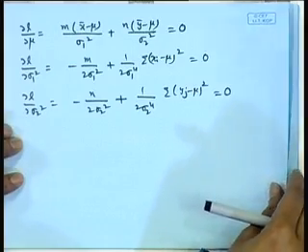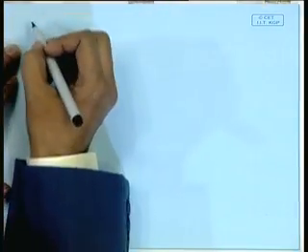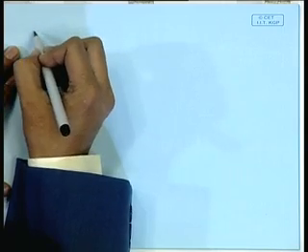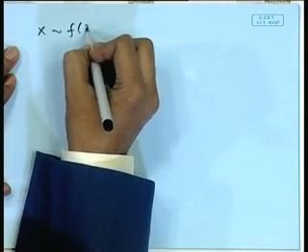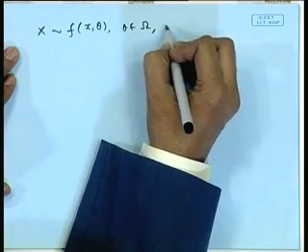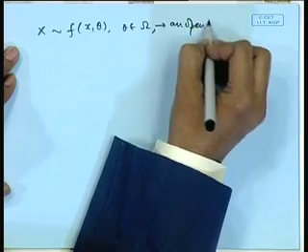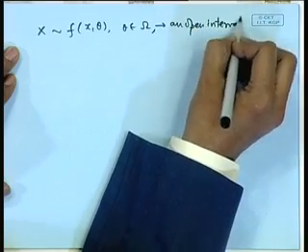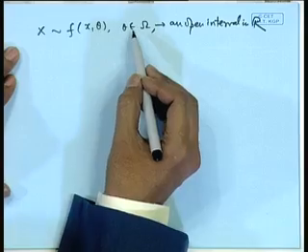The likelihood equations. So, we state in the following form. Let us have the following assumptions. So, we consider x has a distribution f(x, theta), where theta belongs to omega, and this omega is an open interval in the real line. So, that means I am considering the one dimensional case.